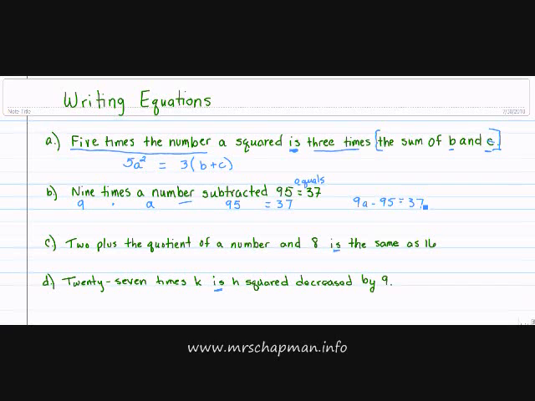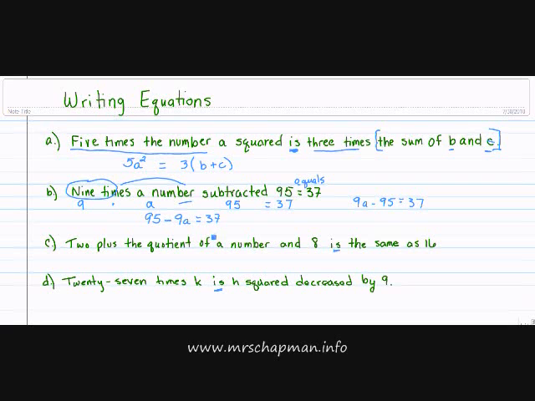But what the problem is telling us is 9 times a number is subtracted from 95. So we have to write the 95 first: 95 minus 9a equals 37. And that way it says 9 times a number is subtracted from 95. Okay, so go back and double check your work.